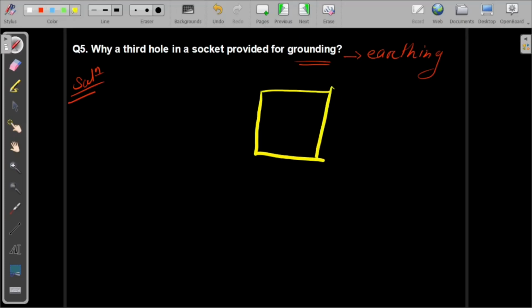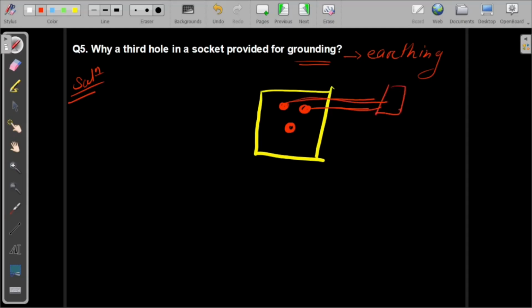Generally, three holes are kept, right? Like this, and the third hole like this. So two wires come from the electrical current source, in this way.